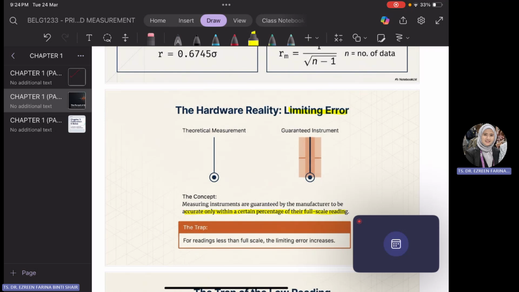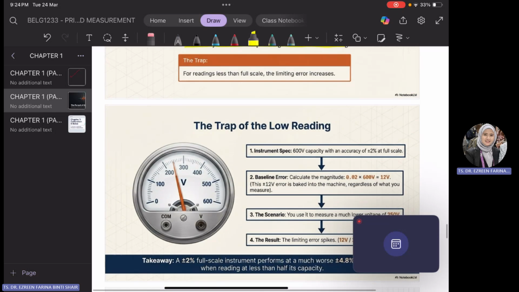So for readings less than the full scale, the limiting error will increase. This is very common. The manufacturer only guarantees that the accurate reading is within a certain percentage of the full scale reading. So what does this mean?